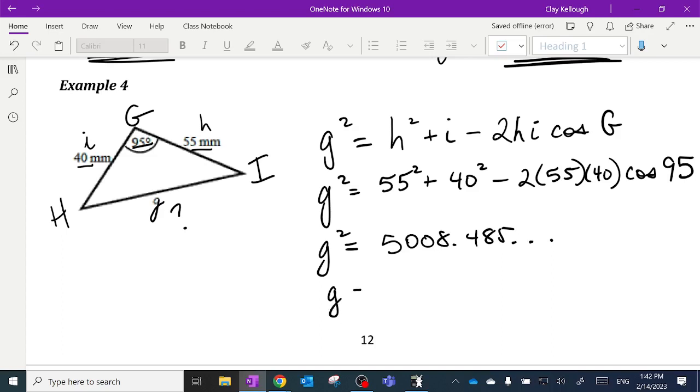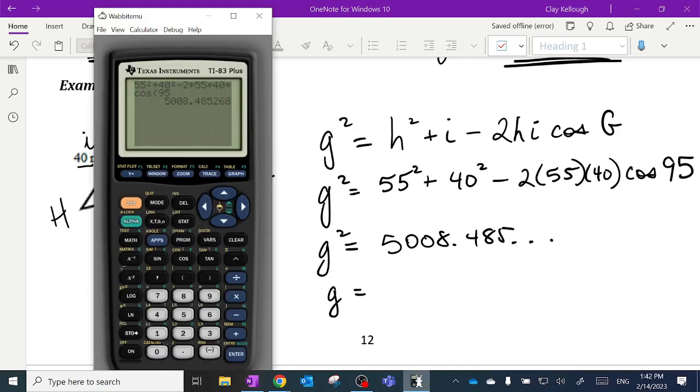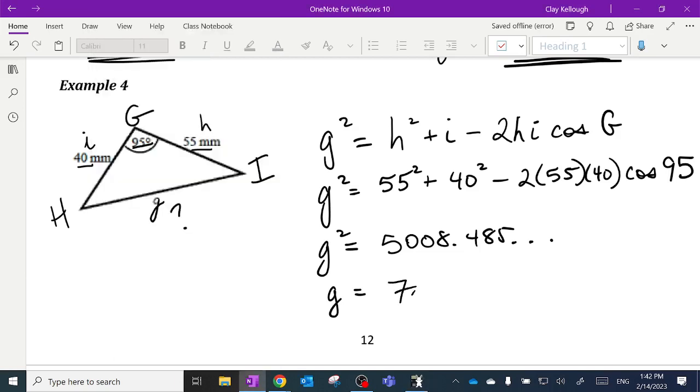Last step, square root. Second function, square root of my answer equals 70.77.